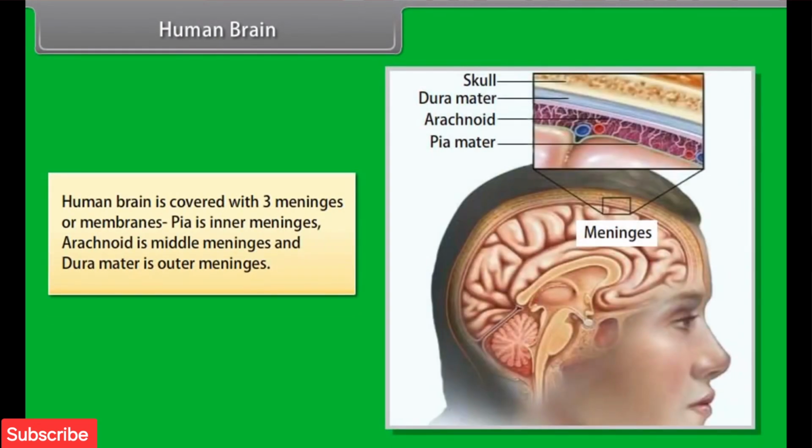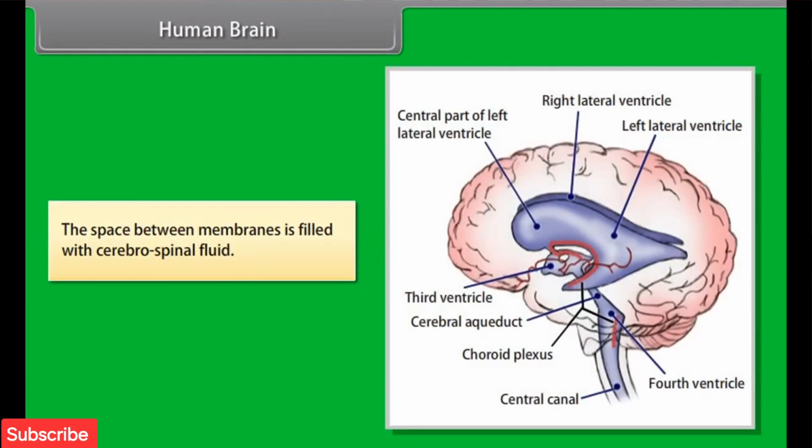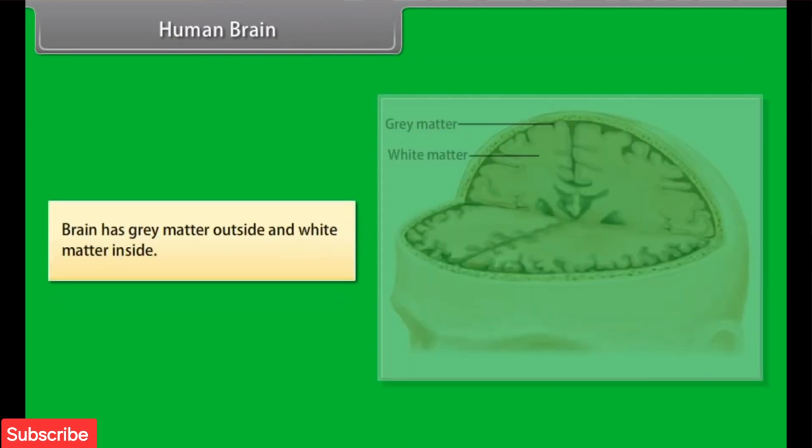Pia is the inner meninges, arachnoid is the middle meninges, and dura mater is the outer meninges. The space between membranes is filled with cerebrospinal fluid. The brain has gray matter outside and white matter inside.